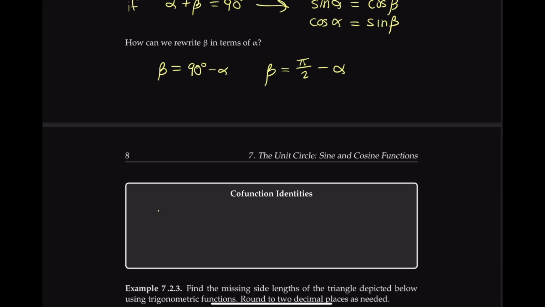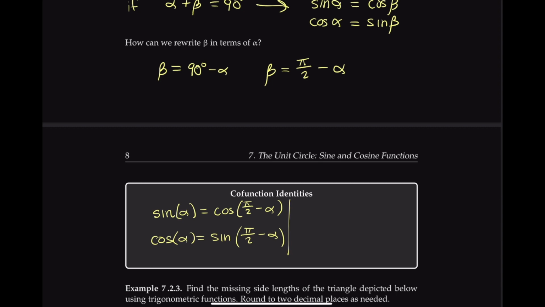So here we have the sine of alpha equals the cosine of pi over 2 minus alpha, and the cosine of alpha is equal to the sine of pi over 2 minus alpha. And that's written in radians.